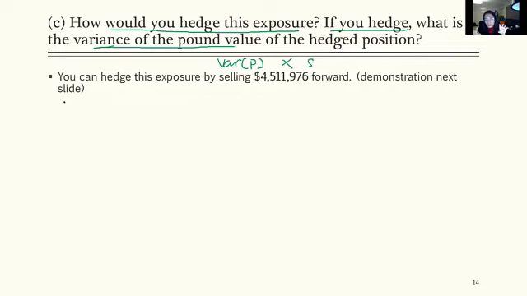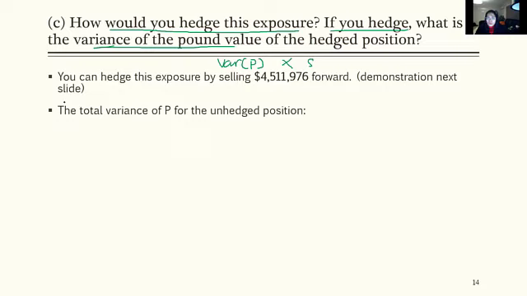So to hedge this position, I'm going to enter into a short forward, okay? So by selling 4.5 something million USD forward, I'm going to eliminate exchange rate risk exposure for this asset, okay? And if we have time, I'm going to illustrate to you how later on.